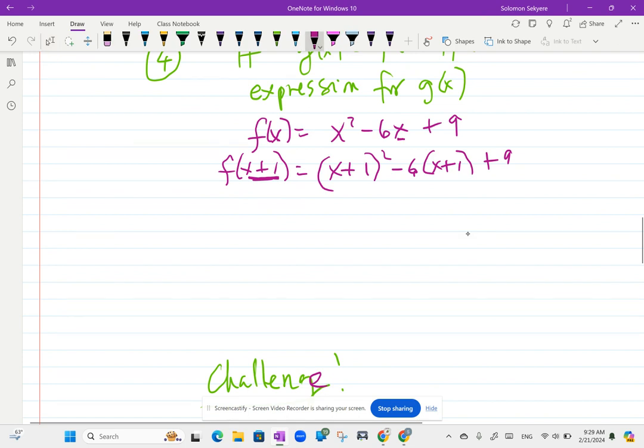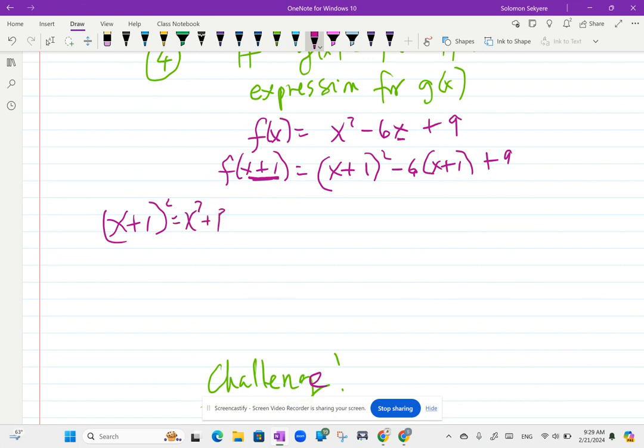So here, don't write f of x plus 1 is x squared plus 1. Don't do that. Wherever there is x, use parentheses, squared. Remember, x plus 1 all squared is not equal to x squared plus 1 squared. Binomial expansion: this is x squared plus 2x plus 1. Now we distribute the minus 6: minus 6x minus 6 plus 9.